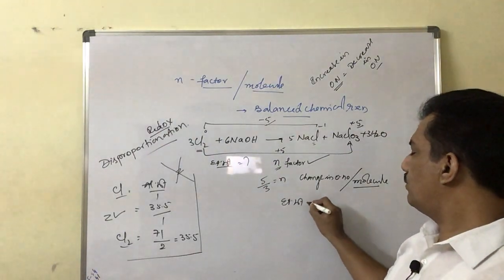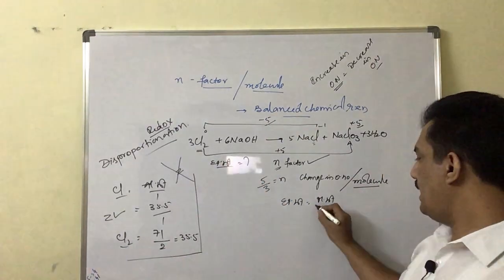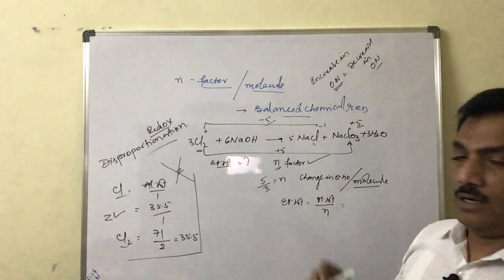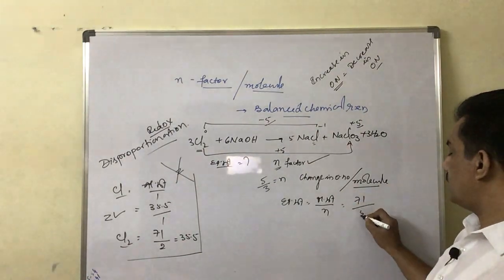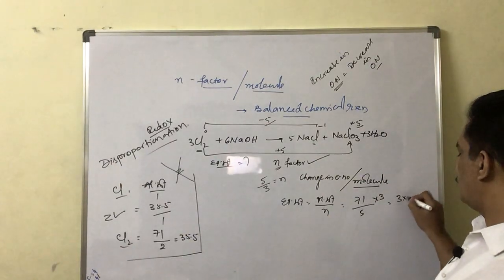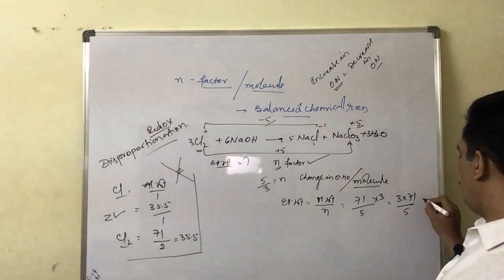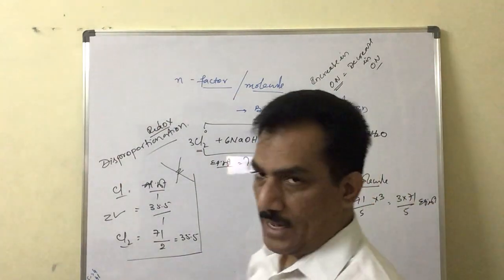Equivalent weight is molecular weight, because here we are taking a molecule, by N factor. For chlorine, molecular weight is 71, by N factor 5 by 3, that is 3 into 71 by 5, the equivalent weight of chlorine in this given reaction.